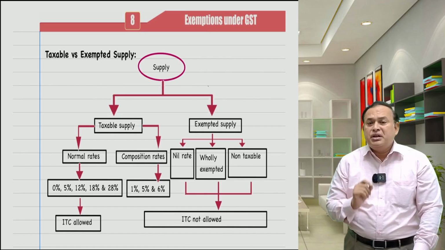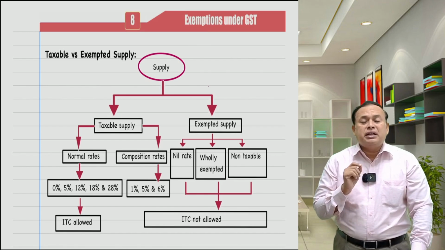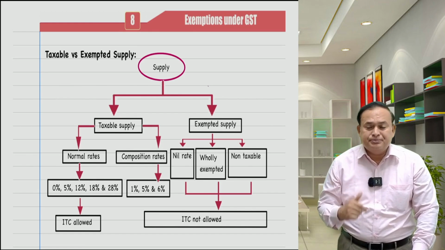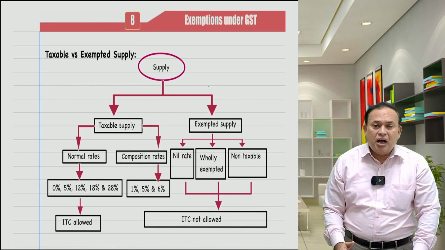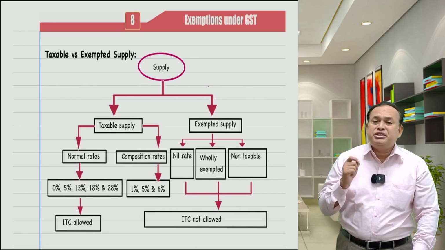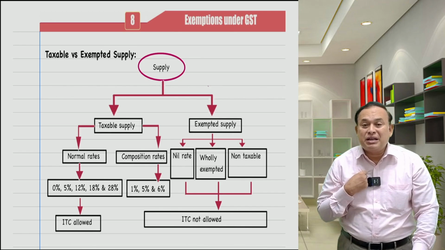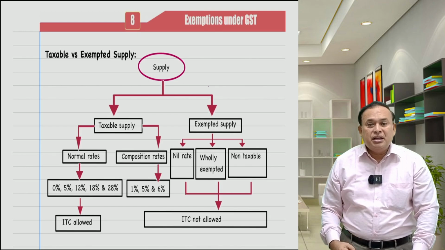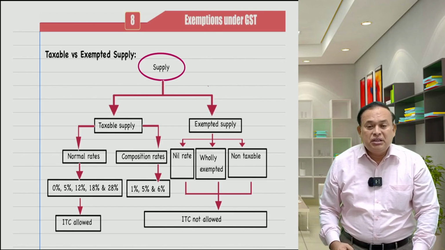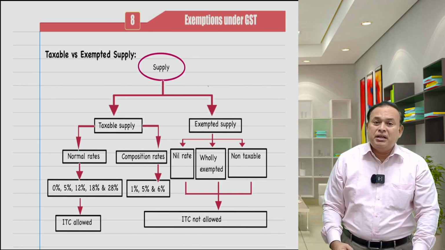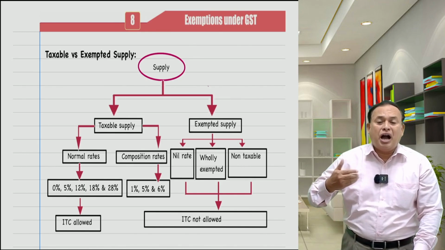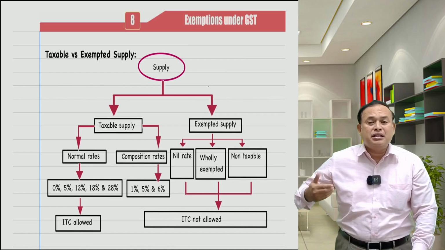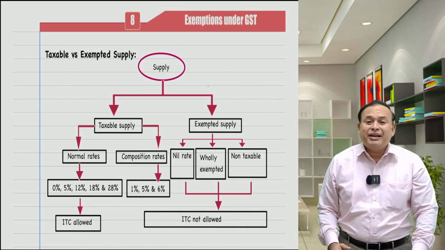In case of zero rated supply, the rate of GST 0% will apply. A person dealing with a zero rate supply is eligible to claim input tax credit on account of export where there is zero rate supply. Still, excess credit, accumulated credit in the books, that can ask for refund.